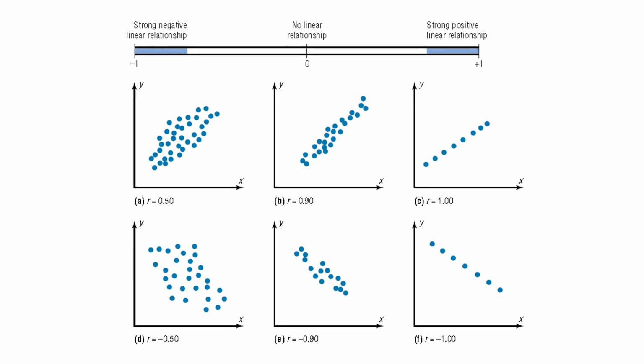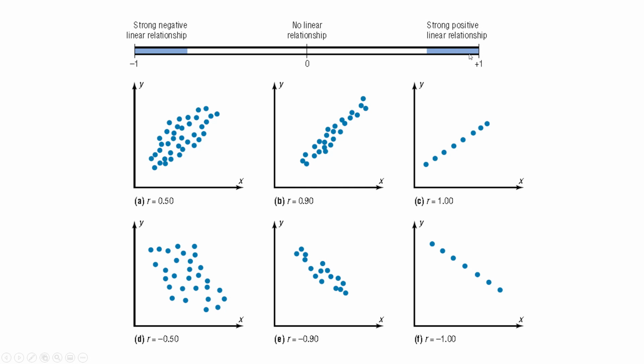So the range of the correlation coefficient is from negative 1 to positive 1. If there is a strong positive linear relationship between the variables, the value of r will be close to positive 1.